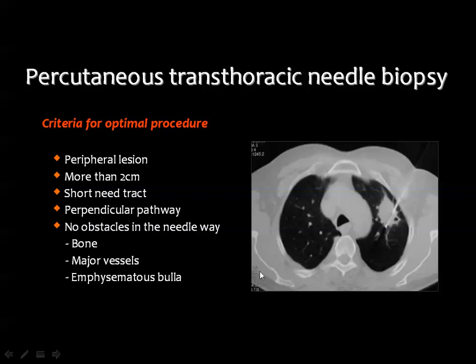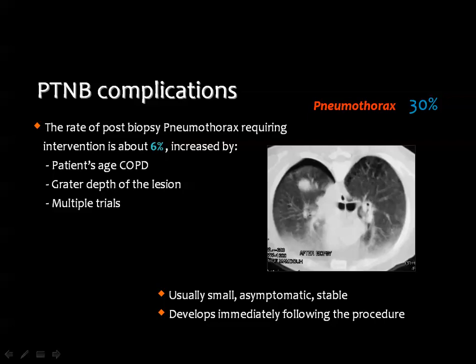Then there should be no obstacles in the needle way, like a rib for example, or an osteophyte from the spine or the sternum. Then there should not be a major vessel in the route of the needle, and also there should not be any emphysematous bulla, because this will increase the incidence of post-procedure pneumothorax.